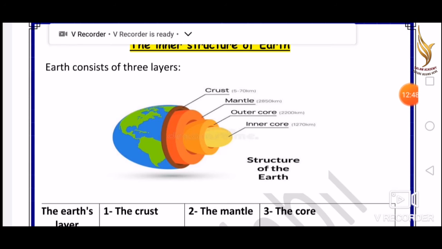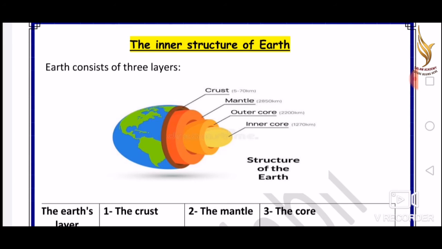Finally, we should know the inner structure of the earth. Scientists think that the inner part of the earth was molten due to the high temperature.